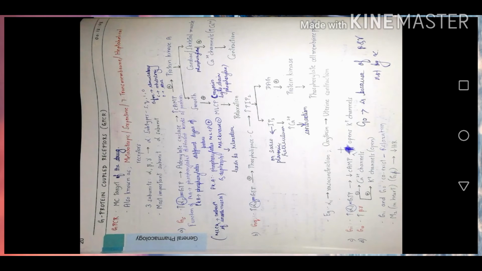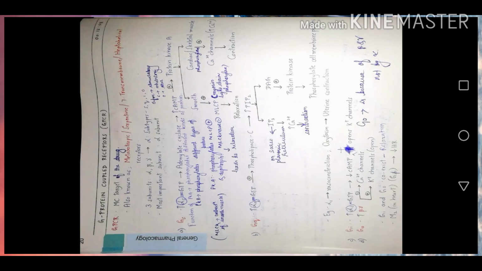Okay. So in smooth muscle, MLCP, myosin light chain phosphatase, as well as MLCK, myosin light chain kinase, is present, right? What I told you, the function of protein kinase A, it will phosphorylate different proteins.